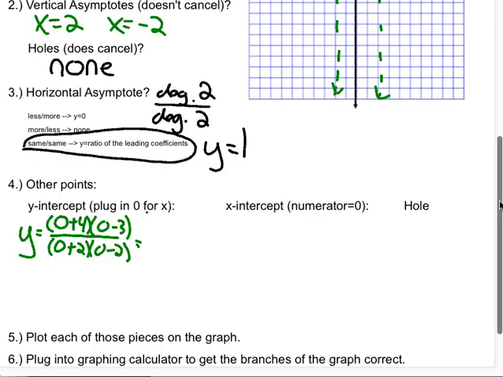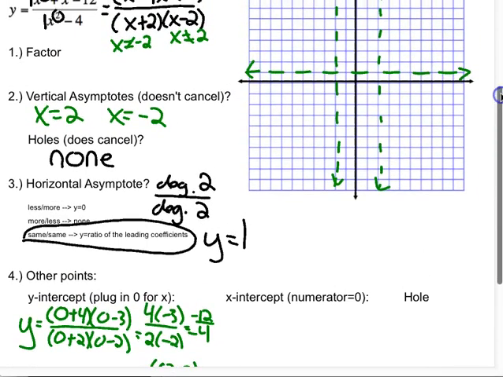So I have 4 and negative 3, 2 and negative 2. So negative 12 over negative 4. So my y-intercept is at 0, 3. Again, all I did was plug in zeros for my x's and run with it.